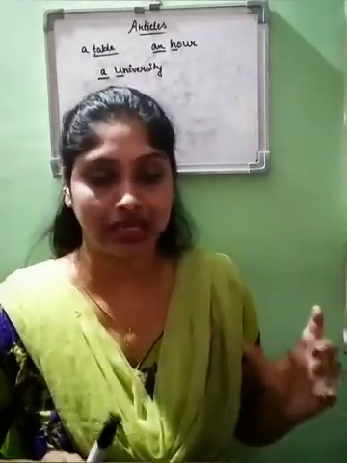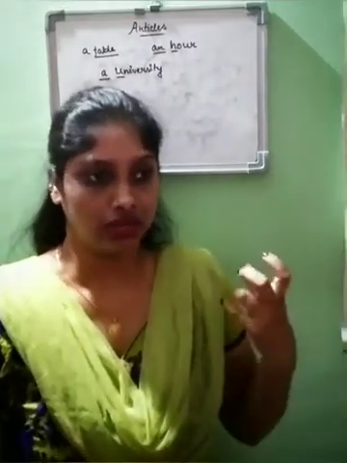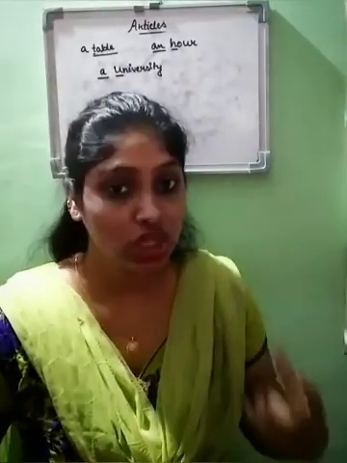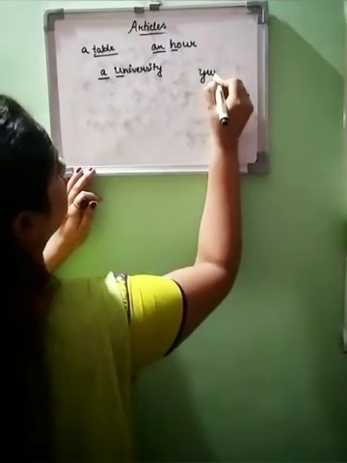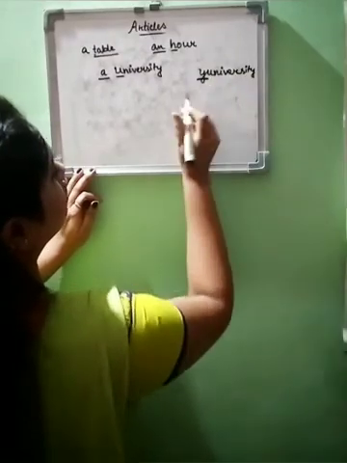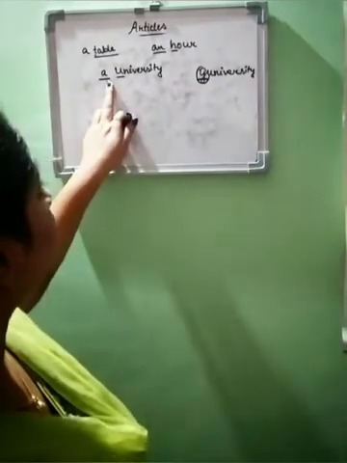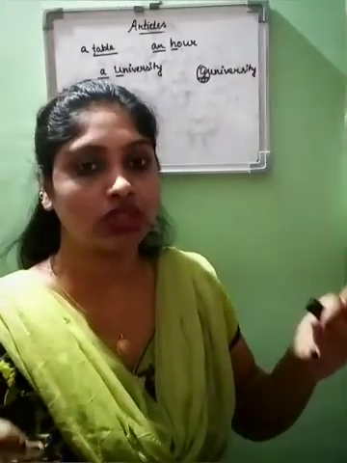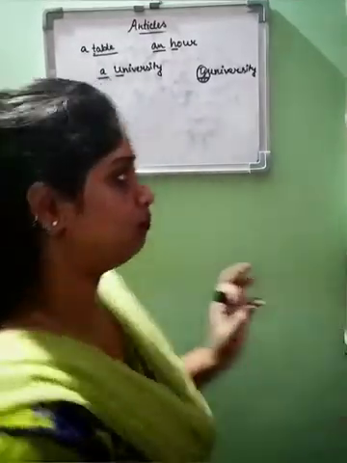We will use the article a because while pronouncing, we are not pronouncing it as "oo-niversity". We are pronouncing it as "yoo-niversity", right? So what is coming at first? The Y sound is coming first. So that's why we will put here a. You need to remember all this. Just focus on the pronunciation. How do we pronounce the word? Then it's very easy for you.